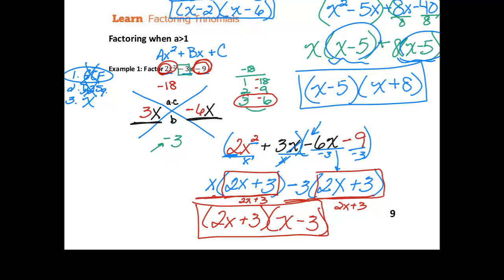Oops. At the bottom. This 2. Right here. Ugh, I get too close. Because, do you understand how this is 2x plus 3? And you understand how this is 2x plus 3? So that becomes your greatest common factor of both this term and this term.